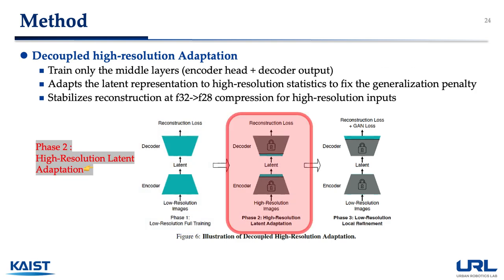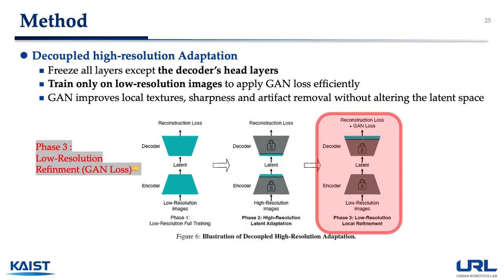Phase 2 adapts the latent space to high-resolution statistics. Here, we freeze most of the encoder and decoder and train only the middle layers, the encoder head and the decoder input layers. This small amount of tuning is enough to fix the high-resolution generalization gap. Phase 3 applies local refinement using GAN loss, but only on the encoder's head layers.